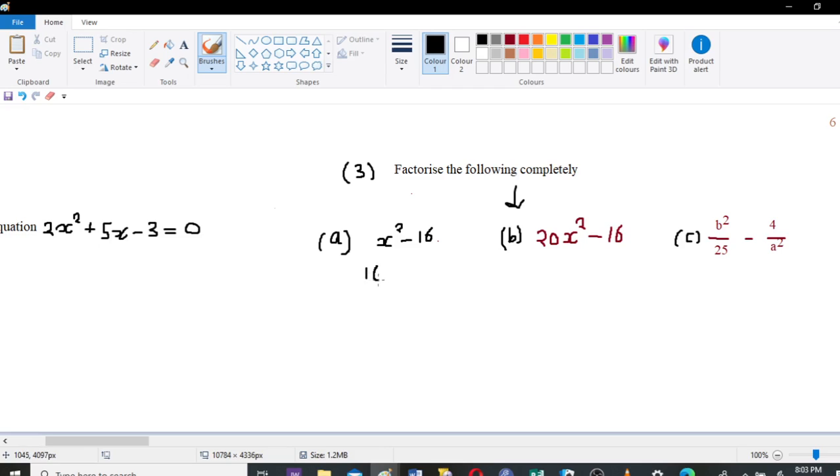So 1 divided into x squared, we are going to get x squared, right? Minus 1 into 16, we are going to get 16 again, right? That's the simple way of understanding it.